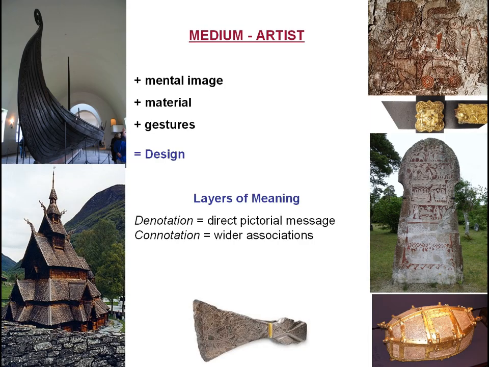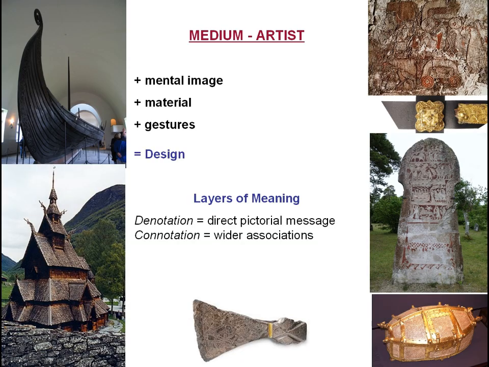In art research terms, one usually divides between the layer of denotation, that simply means what the picture is saying, and a layer of connotation, which relates to the impact and significance of the whole design on a more society-oriented basis. So what does it mean for ideology, for instance?